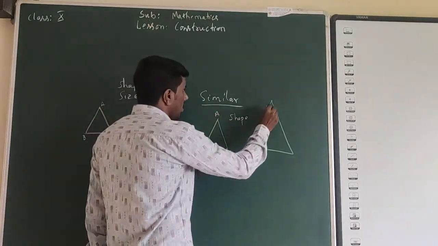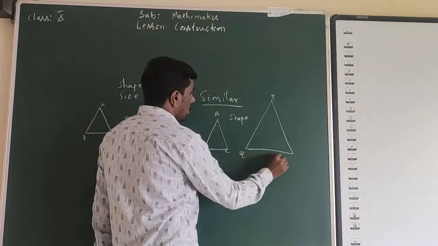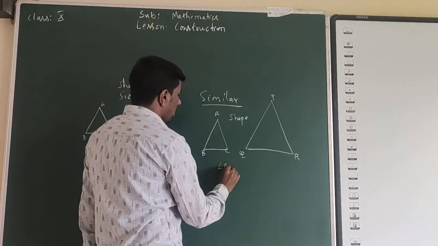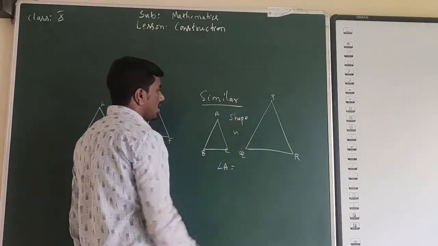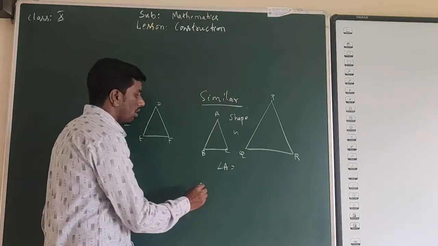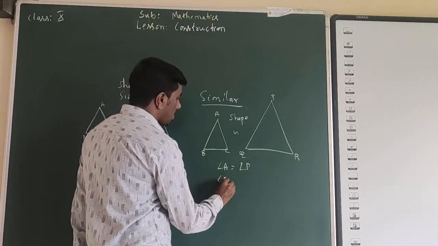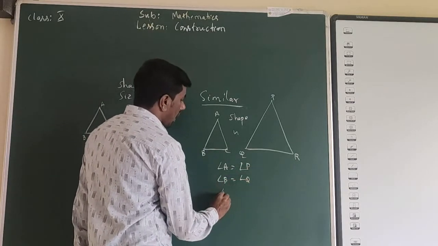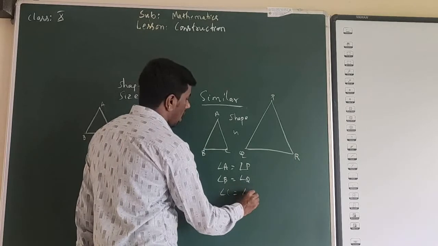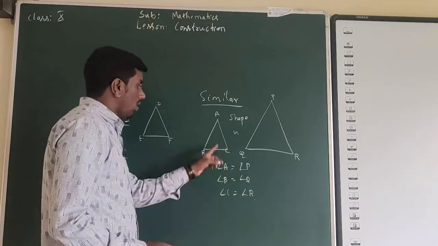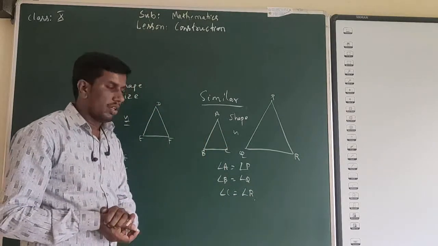This is ABC, this is PQR. Then angle A must be equal to angle P. Then angle B must be equal to angle Q. Angle C must be equal to angle R. All the three angles must be equal, right?